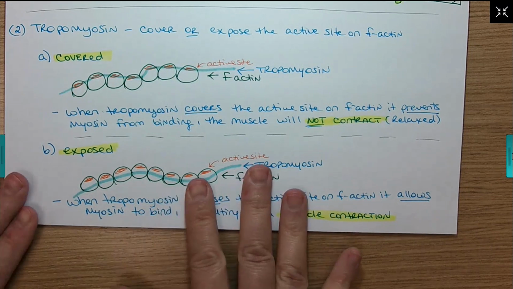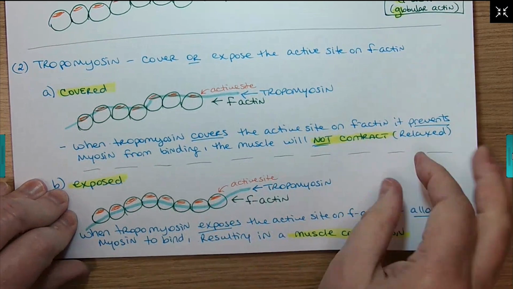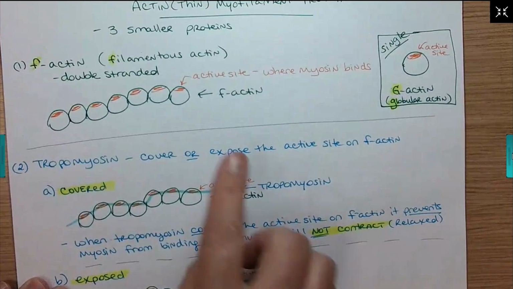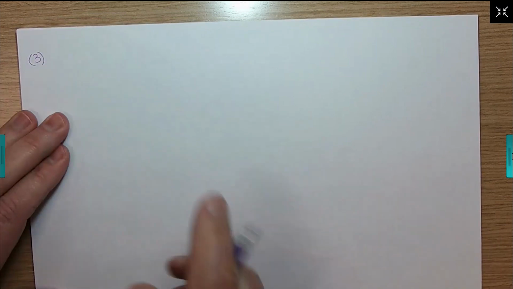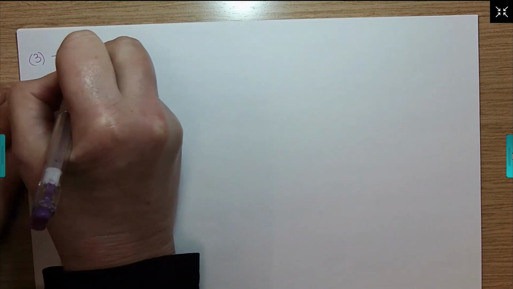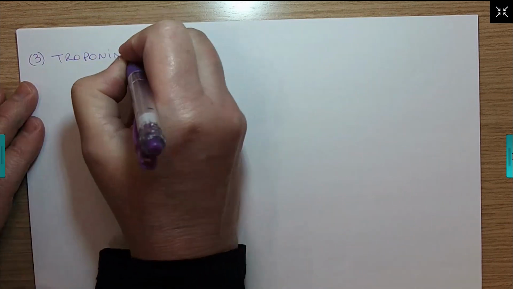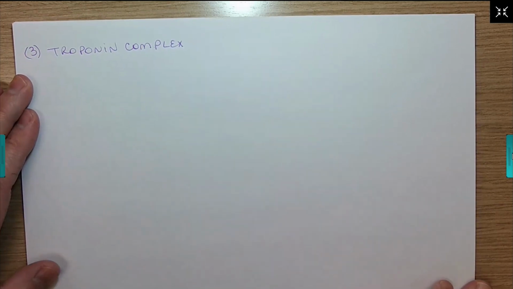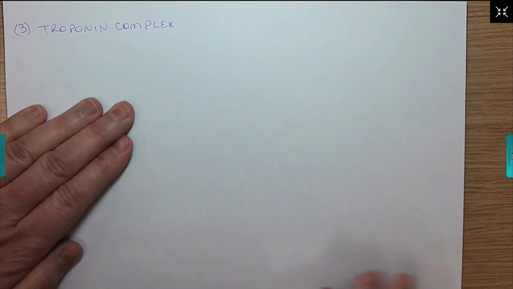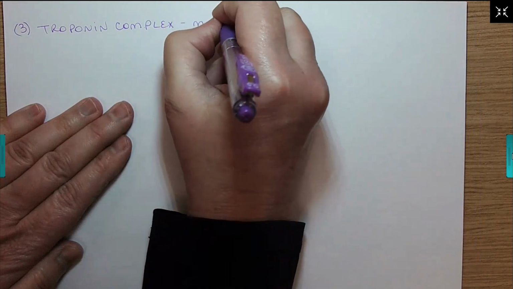Okay, so that was 2 of the 3 proteins that make up actin. So let's take a look at the third that makes up actin. And this one is called troponin. I'm just going to call it the troponin complex because it's made up of 3 separate proteins.